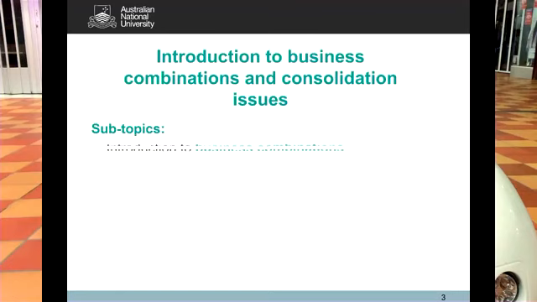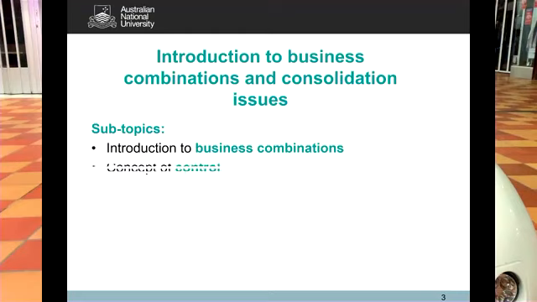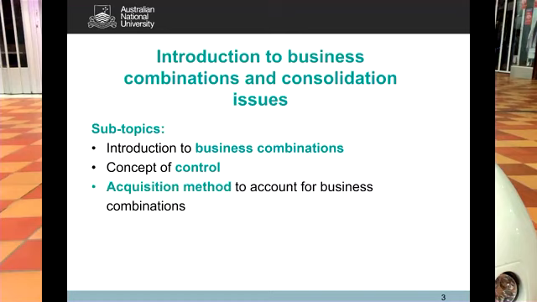So the topics included in this lecture include the introduction to business combination. When we discuss business combination here, we discuss the concept of control. When one party obtains control over another party, we will have a business combination. That's why we have to discuss the concept of control.